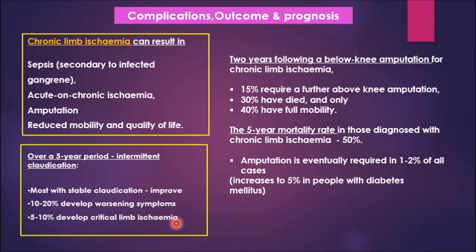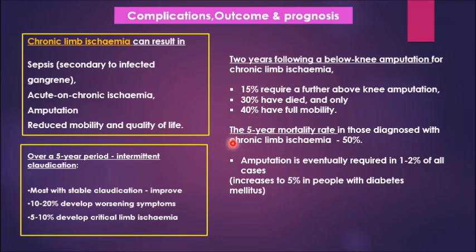Two years following below knee amputation for patients with chronic limb ischemia, what happens? 15% of them require further above knee amputation. 30% of them die, and only 40% have full mobility. The 5-year mortality rate for those diagnosed with chronic limb ischemia is around 50%.